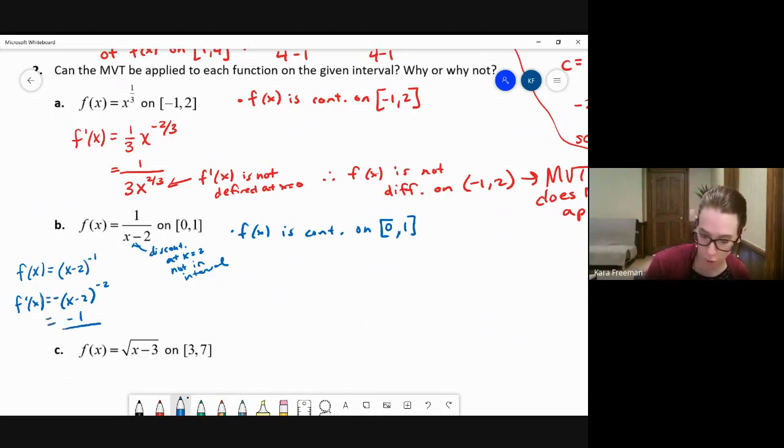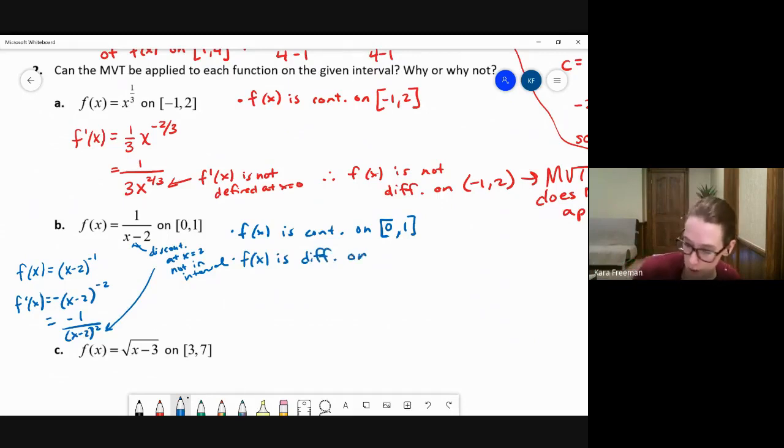So if we rewrote this, we would get that guy. Is f prime continuous on the interval from 0 to 1? Yes. It also has the only discontinuity at x equals 2. So therefore, f of x is also differentiable.